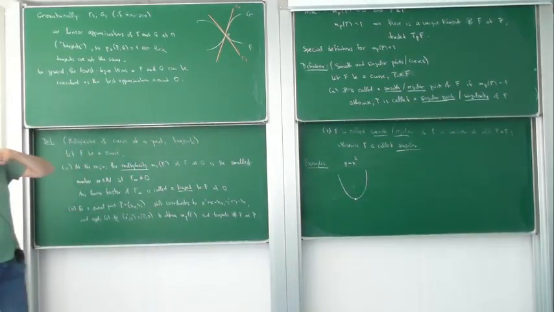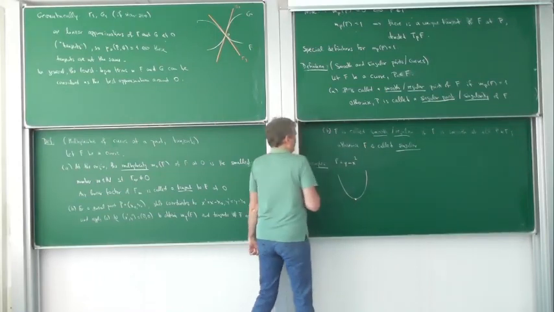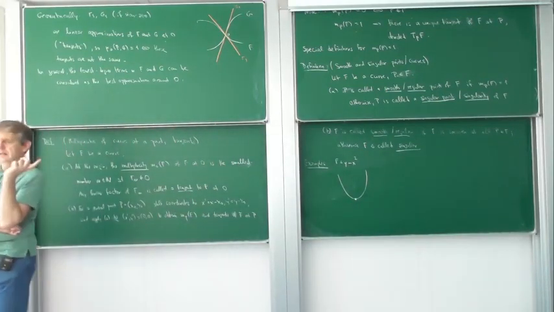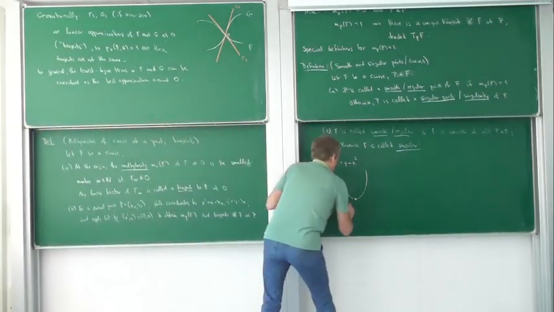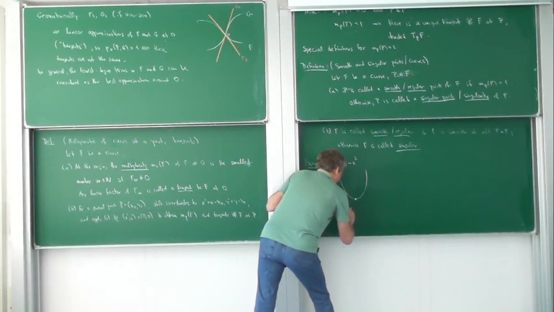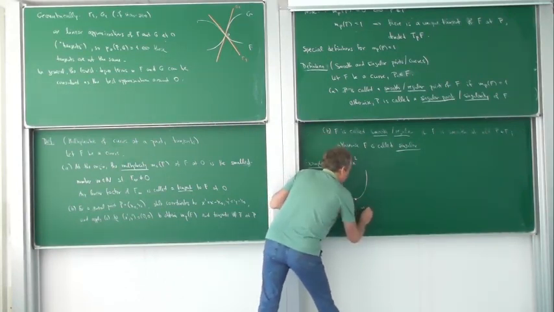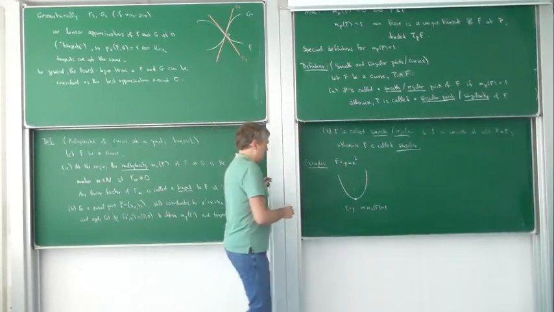Then, if that is f, of course the lowest occurring degree in this polynomial is 1, namely y is a linear term. So f1 here is y, which is non-zero. This means the multiplicity at the point 0 of this curve is 1, so we would call this a smooth point.